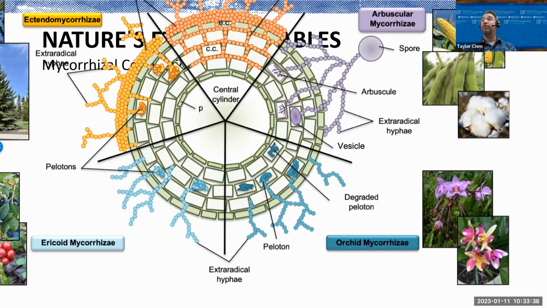But there's still a lot of understanding to gain. That arbuscule looks like the bronchioles of a lung, and the vesicle, we believe those locations are where the exchange is happening within those cells of the roots, but there's not 100% understanding of how or why, etc.